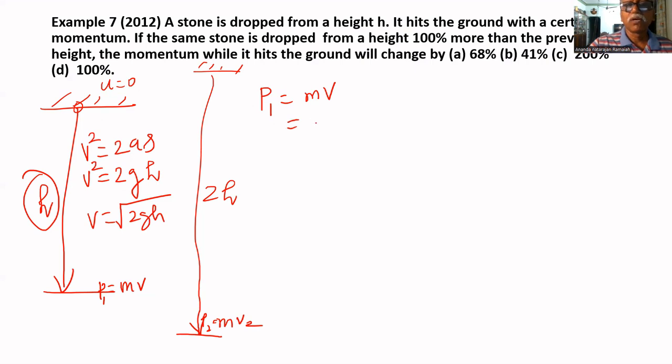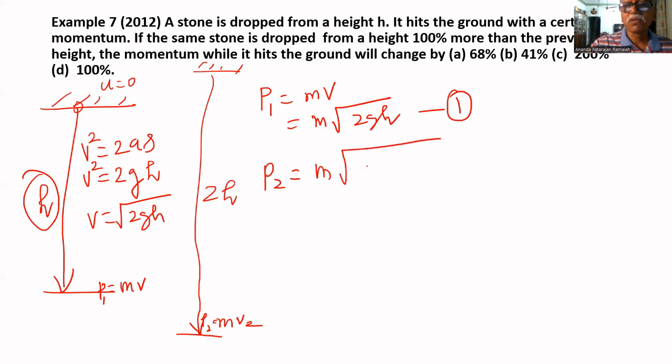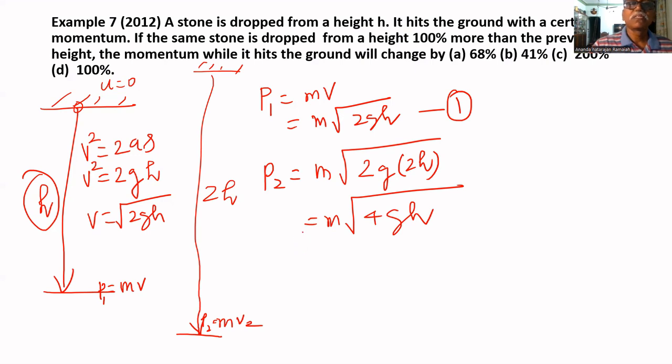Therefore P1 is mass multiplied by square root of 2gh. P2 is the same mass, but with height 2h, so mass into square root of 4gh.